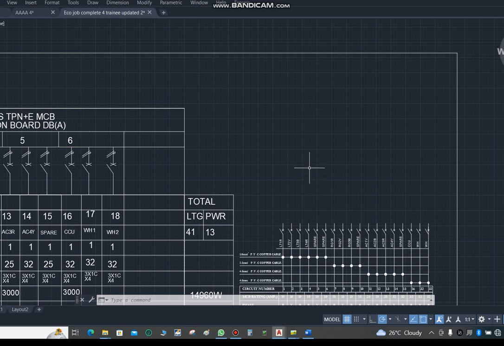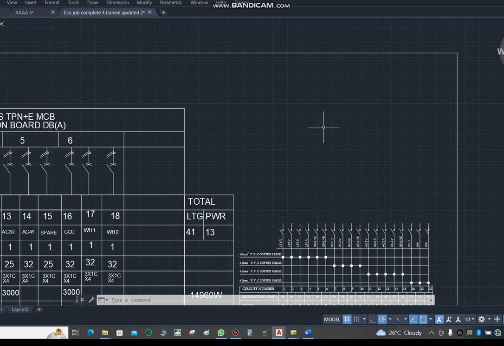If I have, for instance, a lighting circuit of 15 points in one circuit, and I also have another lighting circuit that is 10 points in one circuit, they shouldn't have the same breaker. The 15-point lighting circuit should use a different breaker size, and the 10-point lighting circuit should also use a different size of circuit breaker, because you must go according to their calculation.